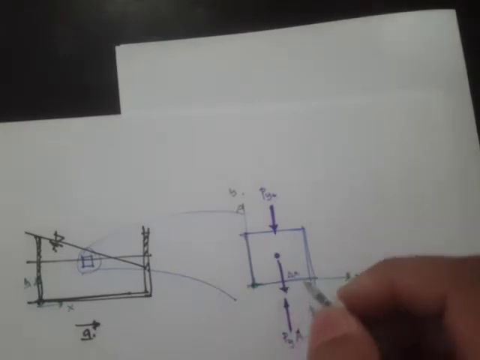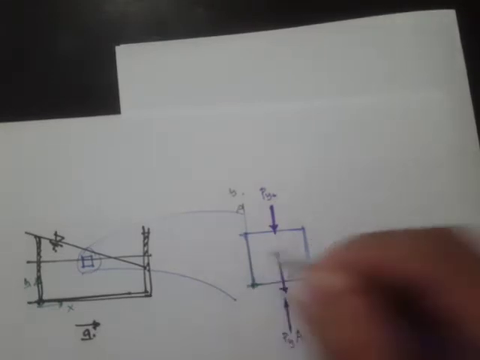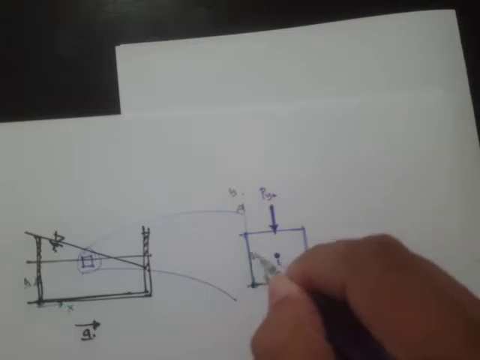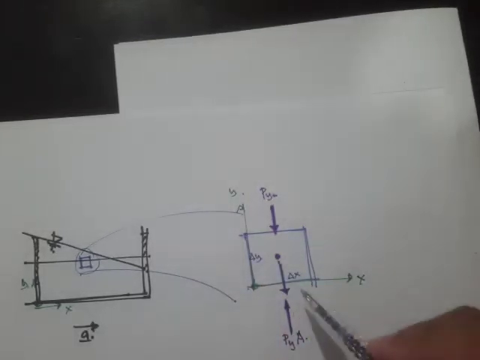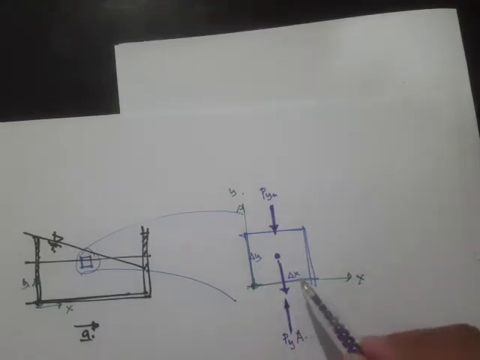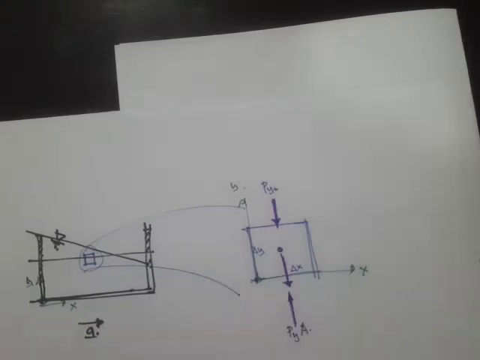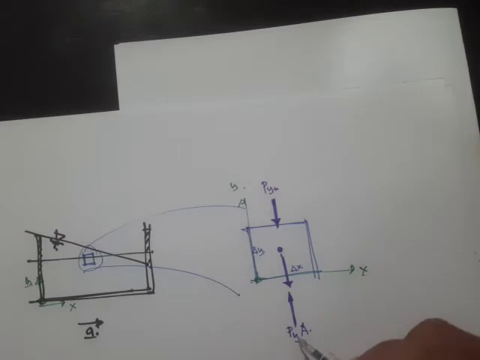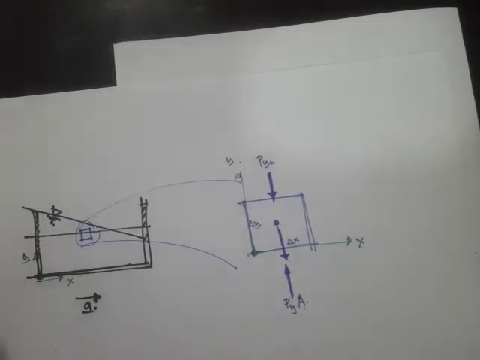Delta x, and this one is delta y. It will be the same as dy, dx if we take the limits. So we have here p y times the area, and the area is simply delta x times delta z.